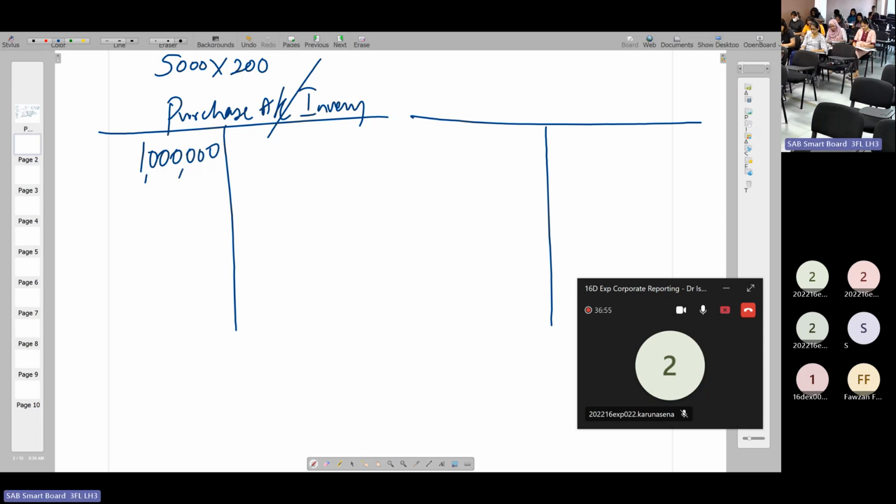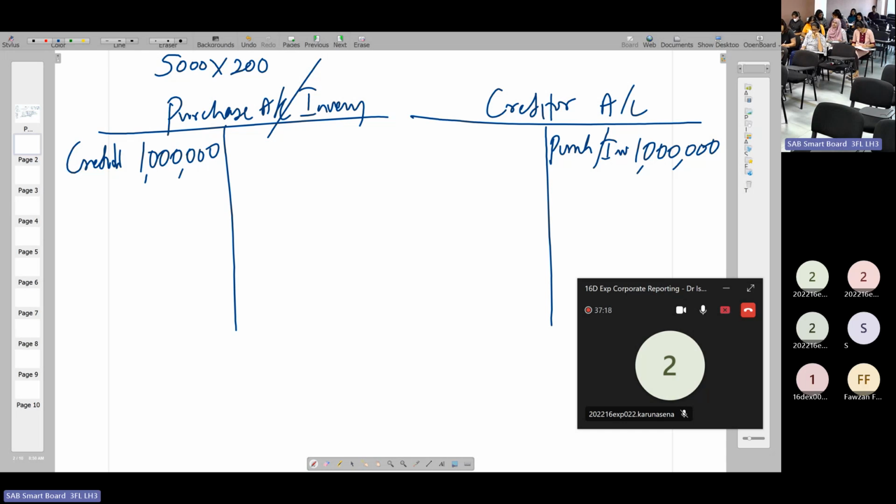That's the debit, 1 million. Here, the creditors account is credited.